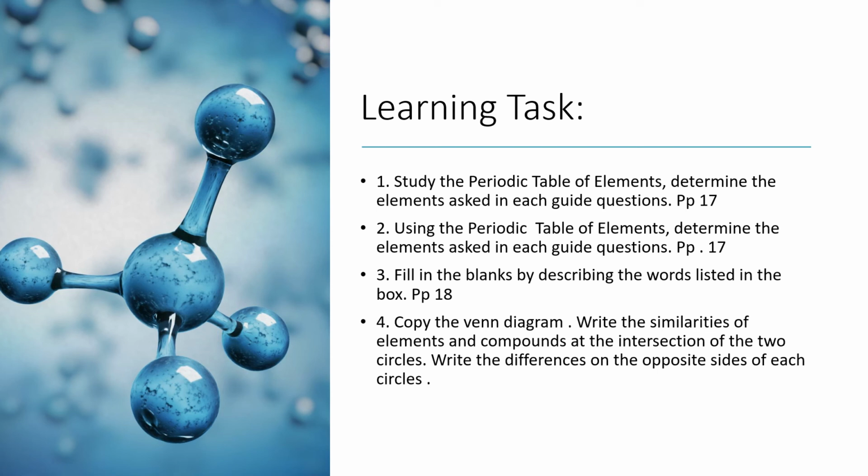Page 17. Next learning task, fill in the blanks by describing the words listed in the box. Page 18. And the other one, copy the Venn diagram. Write the similarities of elements and compounds at the intersection of the two circles. Write the differences on the opposite sides of each circle.